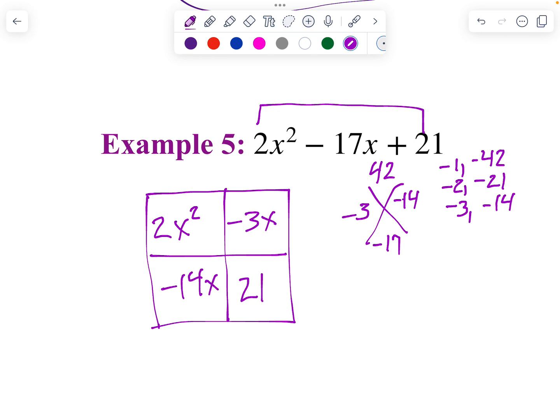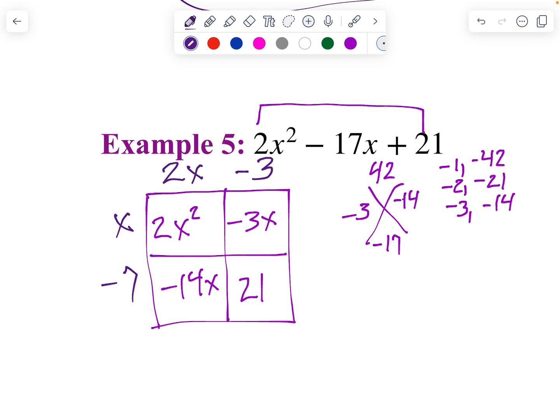So I'll vertically go down. What goes into 2x squared and negative 14x is 2x. Negative 3x and 21: since my first term is negative, I'll make that a negative 3. Going across, the only thing that goes into 2x squared and negative 3x is x. And what goes into negative 14x and 21 is negative 7.